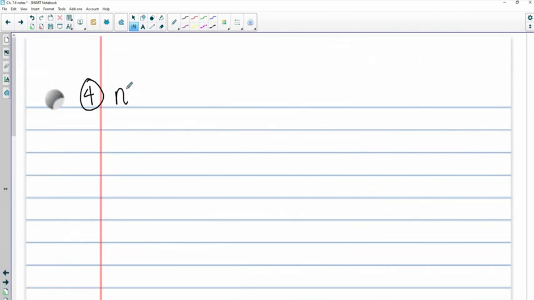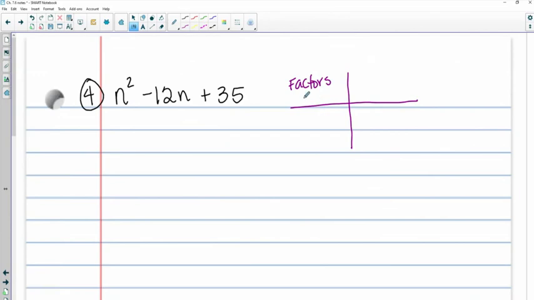So n squared minus 12n plus 35. Okay, so we need the factors of 35.